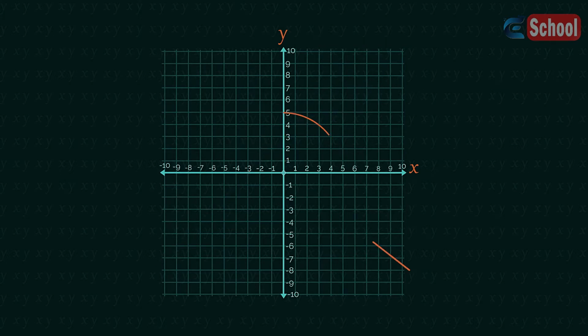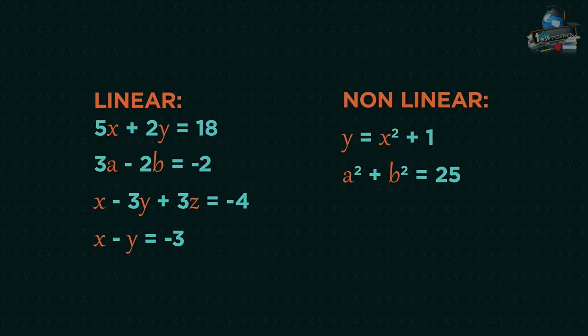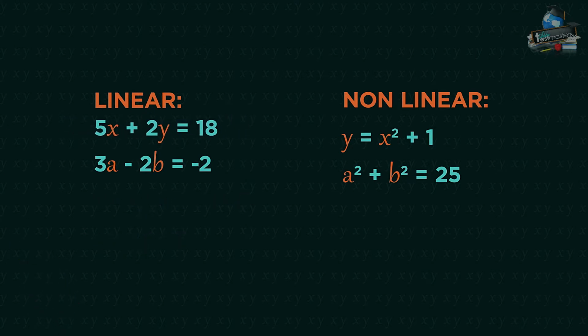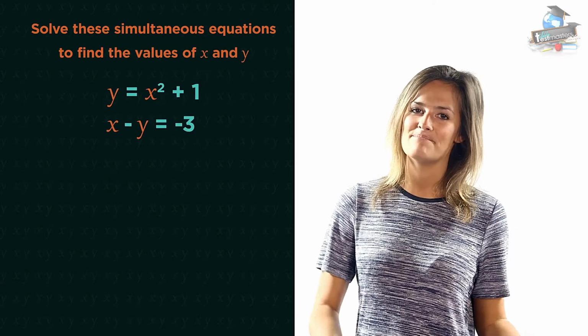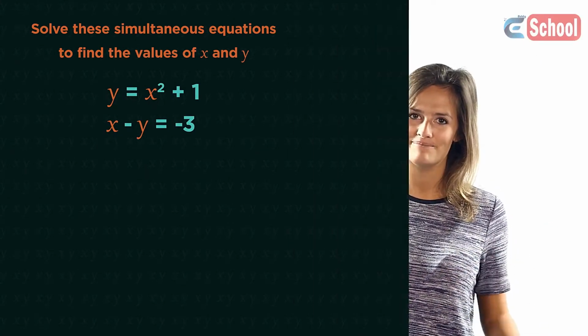And we might also get two solutions with a straight line and a circle. Before we start, we need to know what linear equations look like. They are equations with an x and a y in, or an a and a b, but no squared or cubed letters. So let's look at an example of how to solve simultaneous equations by substitution.